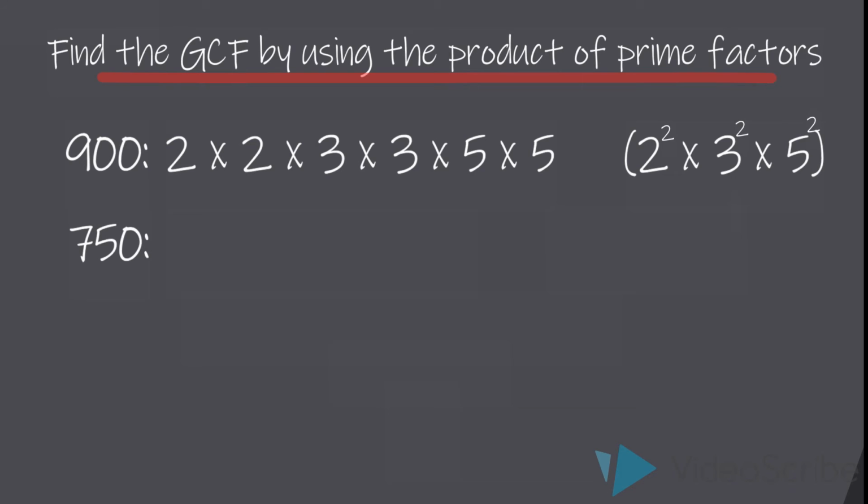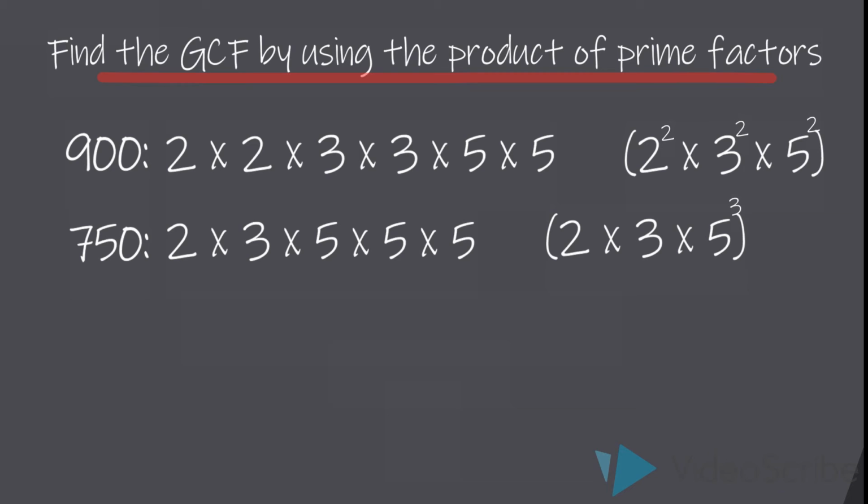While 750 can be rewritten as 2 times 3 times 5 times 5 times 5, or 2 times 3 times 5 to the power of 3.